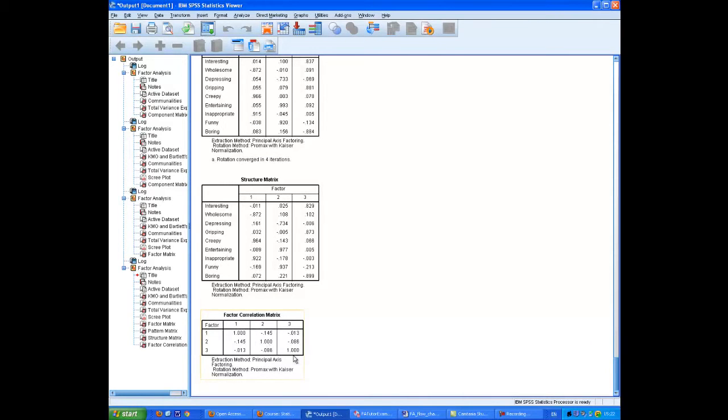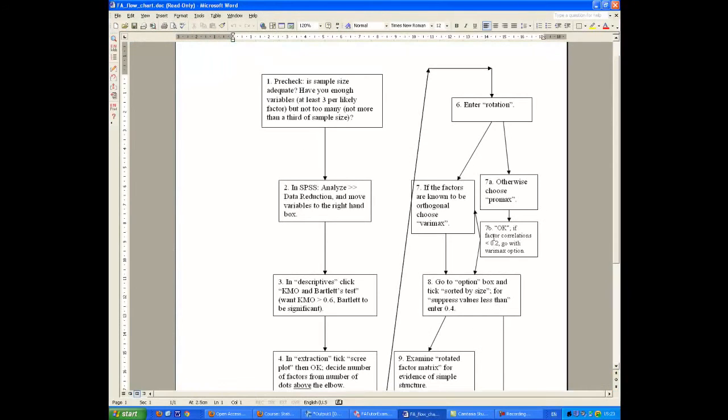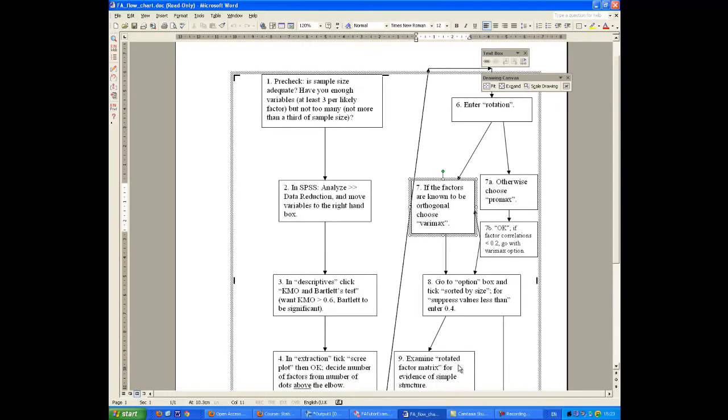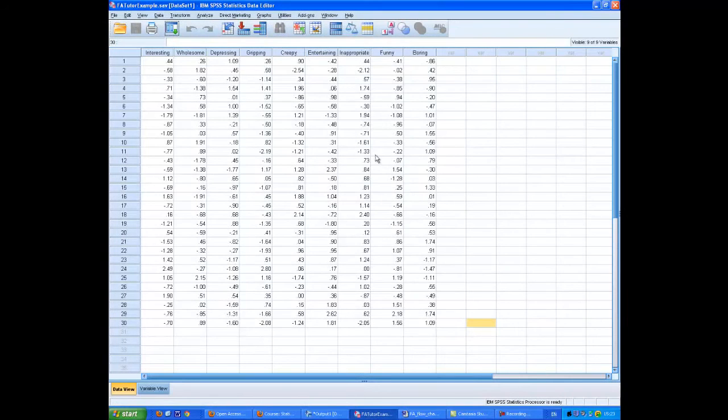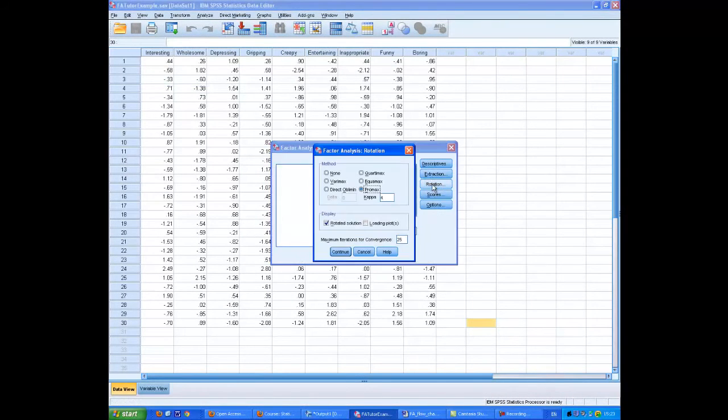None of the entries off the main diagonal are larger in absolute value than 0.2, or if you like, smaller than minus 0.2. So this means that in effect we should make the assumption that the factors are not correlated. We should use the most parsimonious hypothesis, and therefore we should go back to the rotation box again, and this time we put in varimax instead.